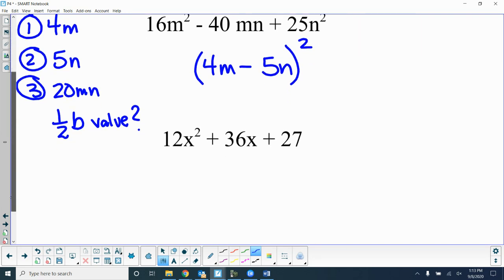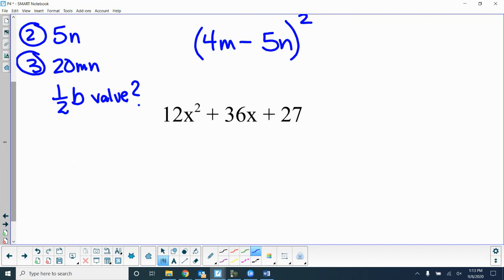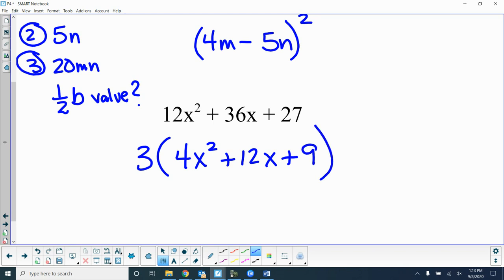So what do I got to do first for this one? Chris? Yeah, is there? Yeah, 3. So then we get 4x squared plus 12x plus 9. 3 terms, are those both positive perfect squares? They are, aren't they?